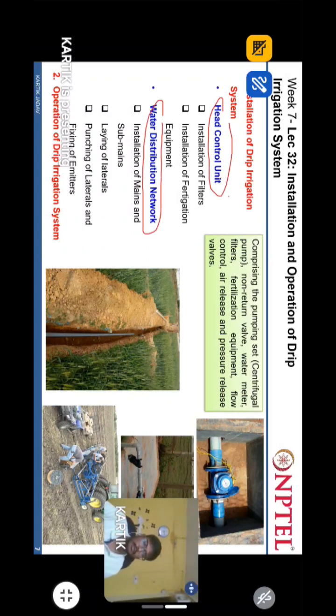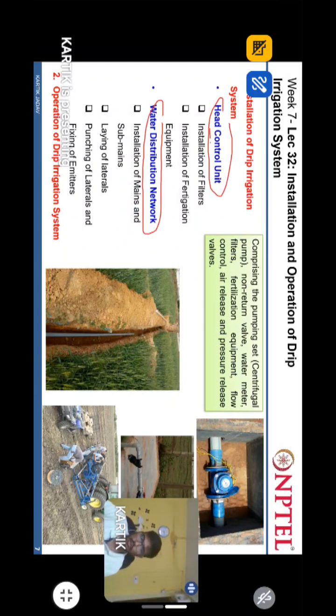The head control unit contains pumps that draw water from the source, either surface water or groundwater. Then various kinds of valves like the non-return valve, ball valve, flow control valve, and also fertigation equipment and the filtration unit, right? So we have seen installation of each component in the head control unit and in the water distribution network.